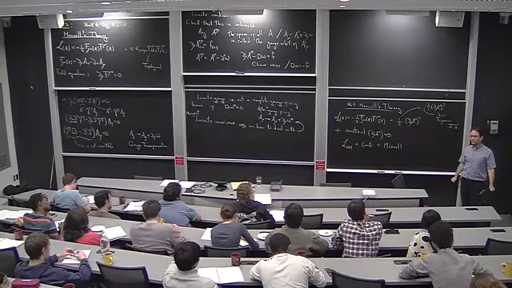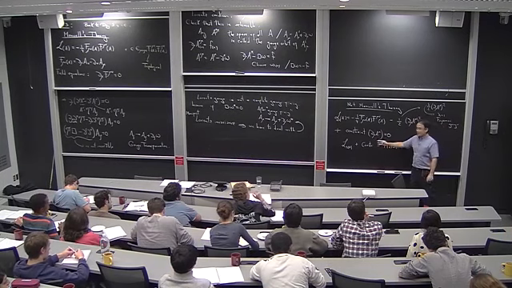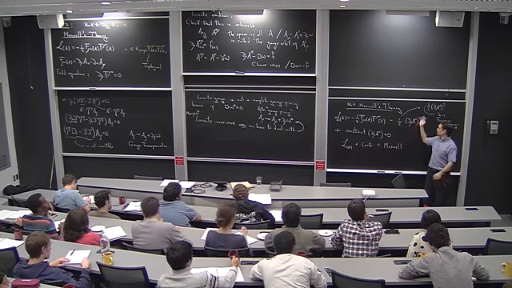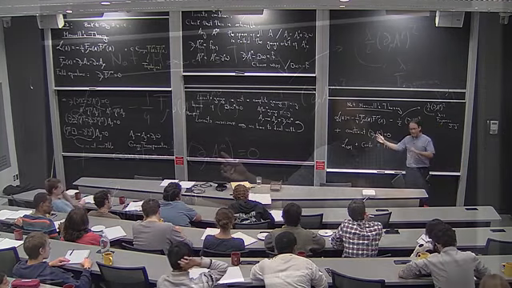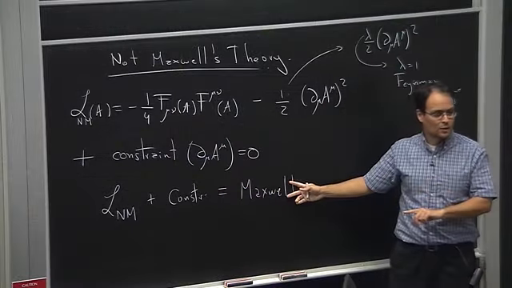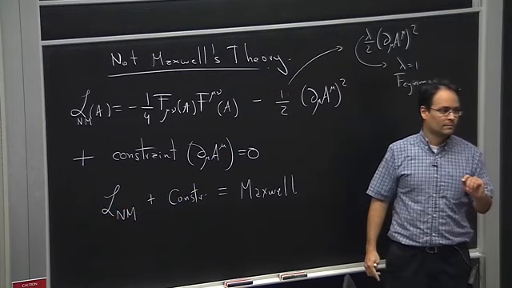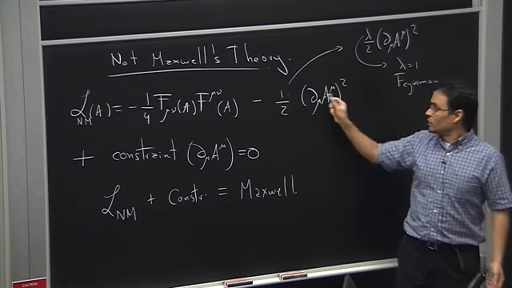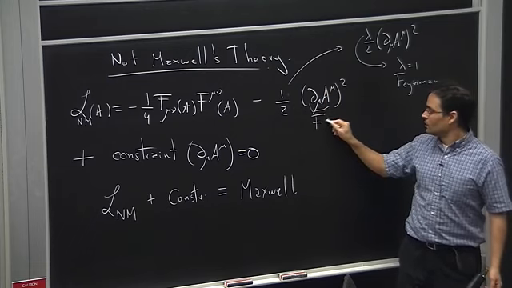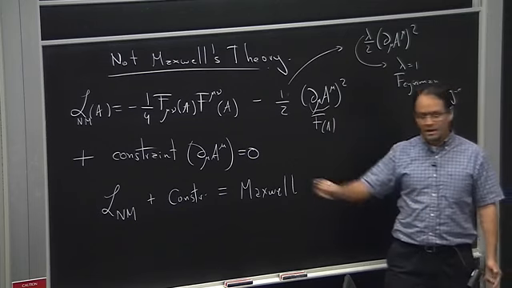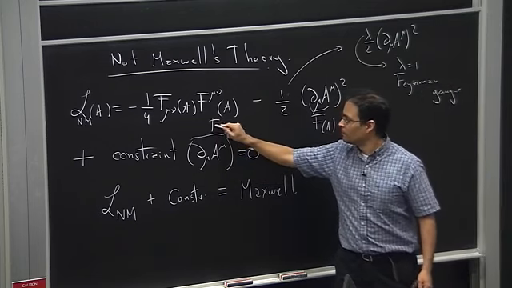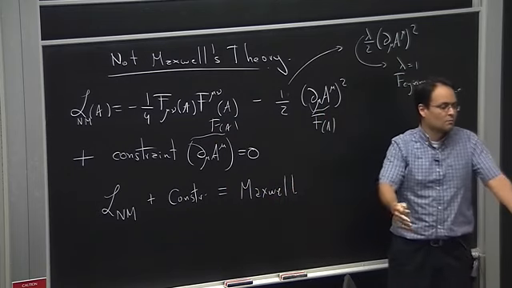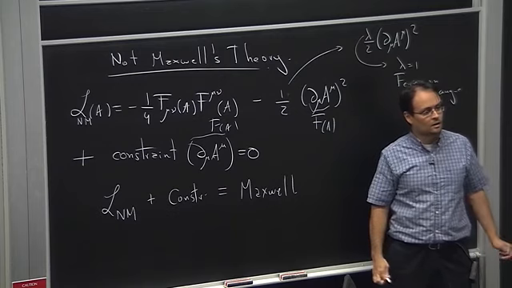But if I had started with another gauge fixing, I should put it here and impose that particular constraint, and I'll end up with the same Maxwell theory, hopefully. Do you agree with the statement now? This could be any gauge choice, any gauge fixing condition, f of A. Now you can replace it and put it here. And you wouldn't say that you got Maxwell's theory in that gauge. You would say you just got Maxwell's theory. Lambda is a Lagrange multiplier.